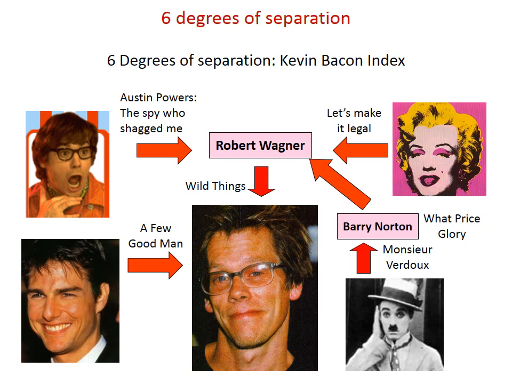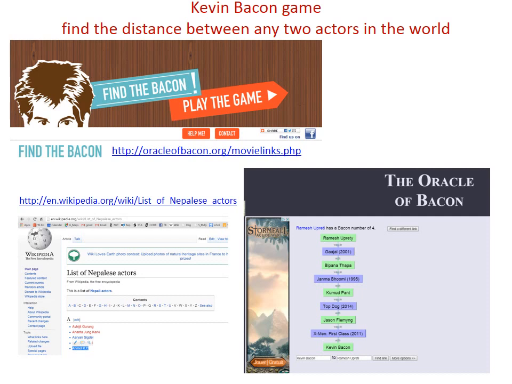Notice, that was important, although certain individuals may appear very far away in a certain type of network, in reality the distance is relatively low. I've tried to play with it, and notice this. I searched for the distance between remote actors. In this case I looked for the list of Nepalese actors, and you can find it here on this website.